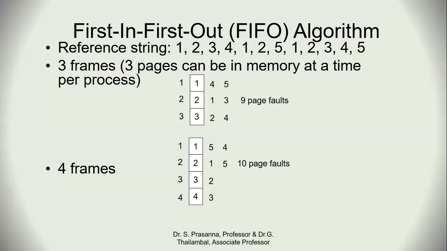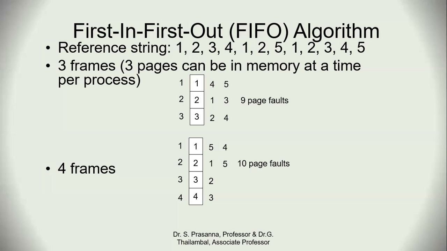That is with 3 frames. When you go for 4 frames, the page fault rate gets increased. So therefore, it is going to be 10 page faults. So it can be identified from this first in first out that whenever the frames increased, the page faults also increased.